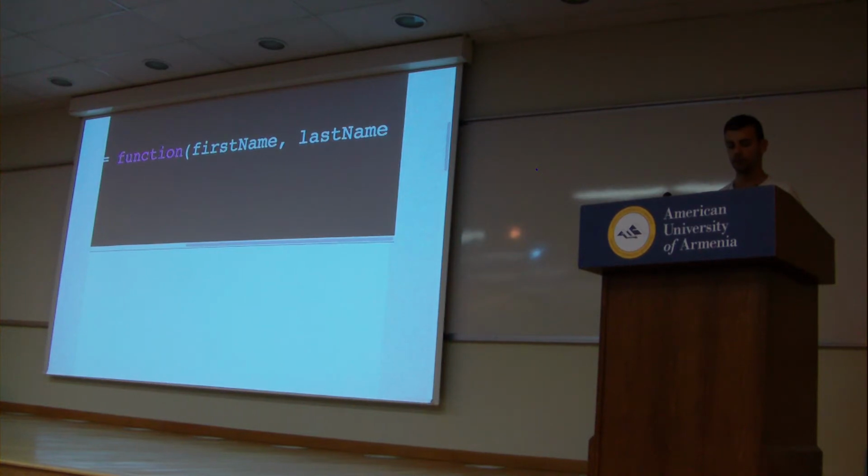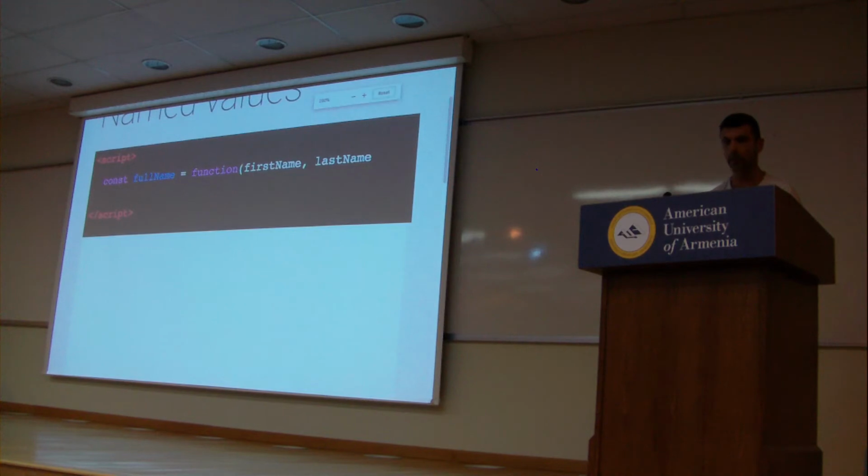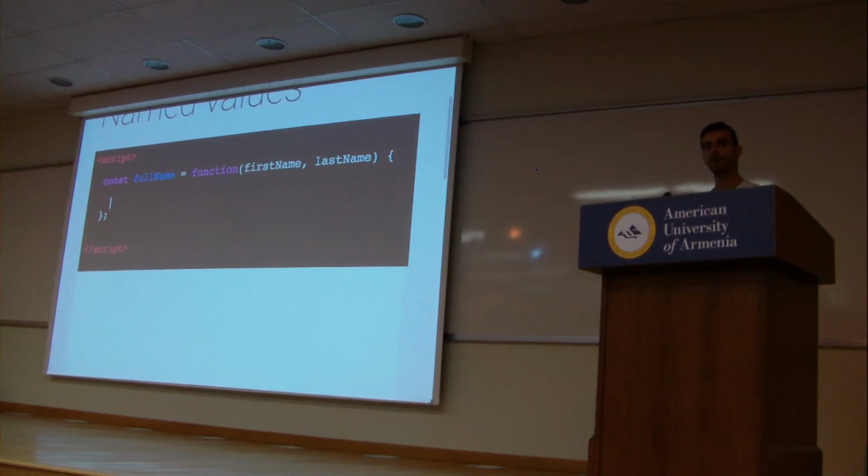Okay, firstName, lastName. Then I need a beginning and end to my function. What do I do? Curly braces. Good. Now I need to return something, right? I need to return a value from the other side.